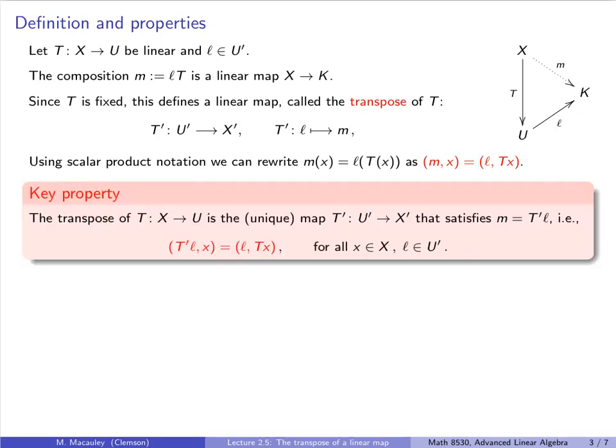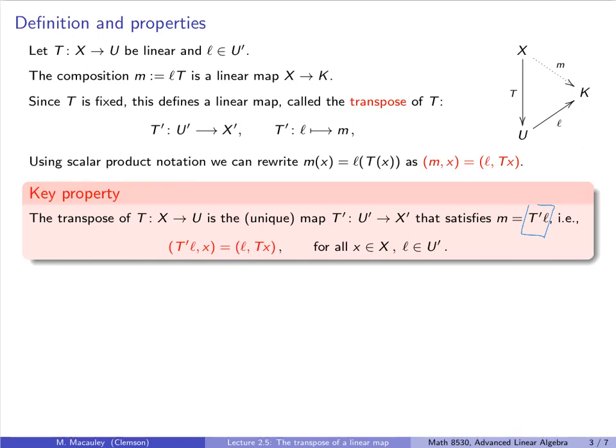The transpose of T is the unique linear map T prime that satisfies this M up here being T prime of L. Now let me pause to explain what I just said in an unfortunate bit of notation.